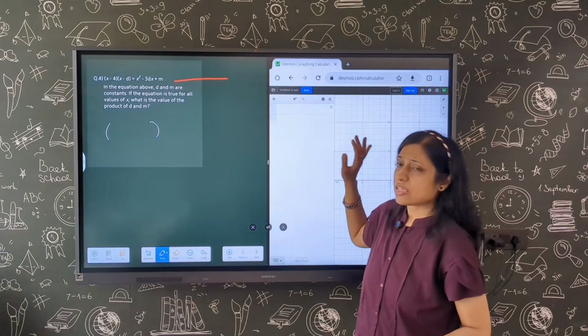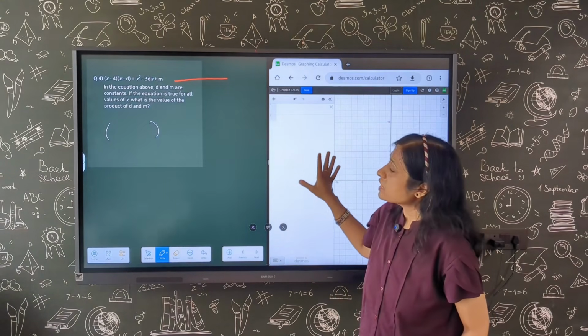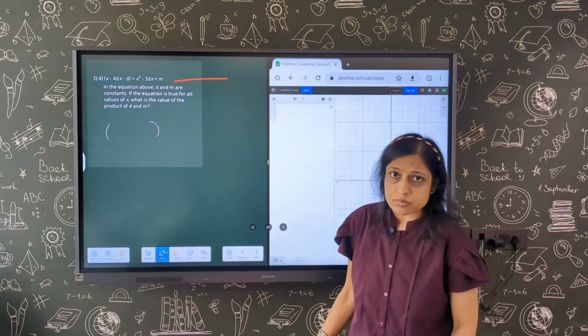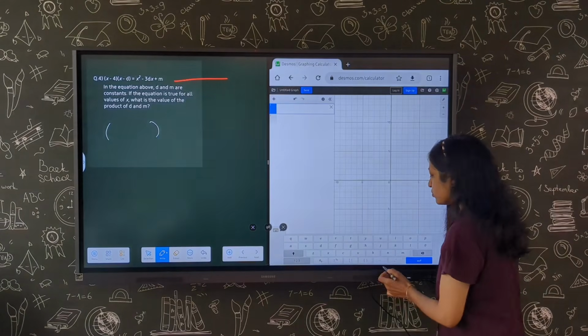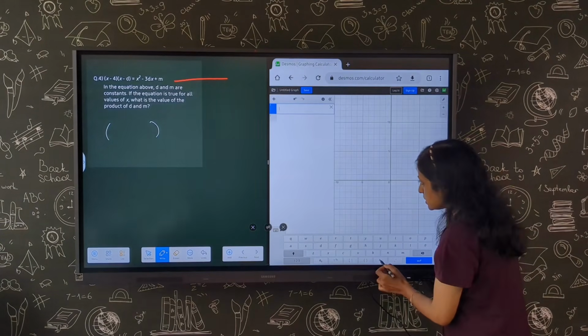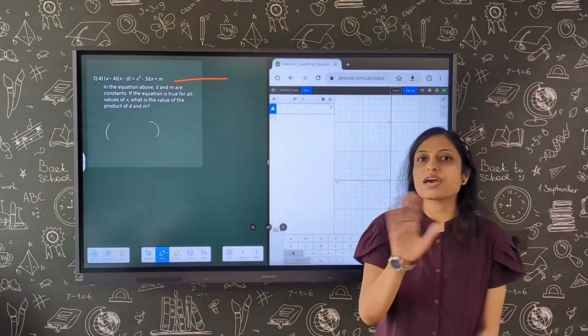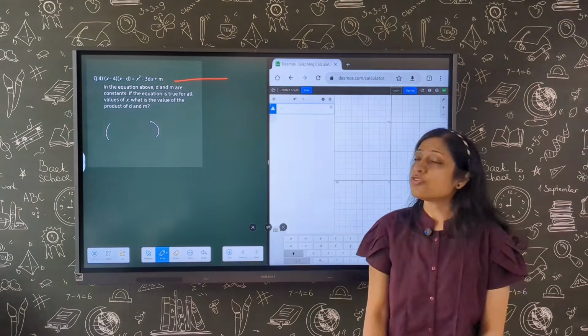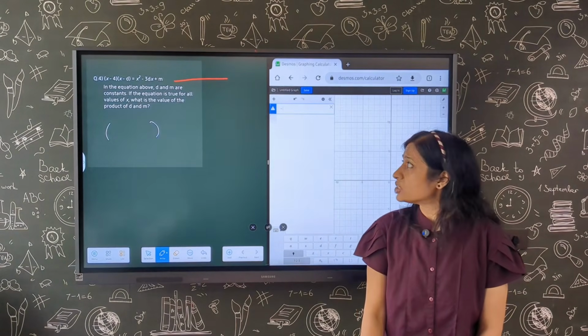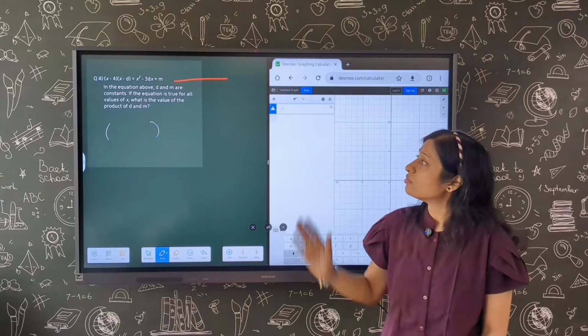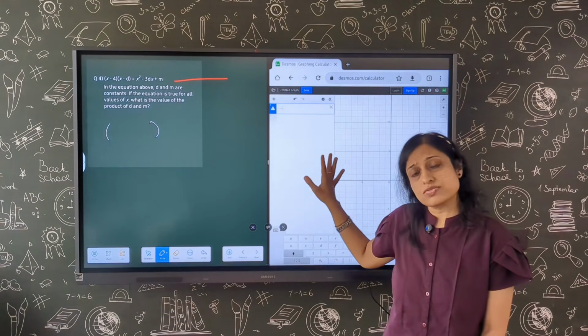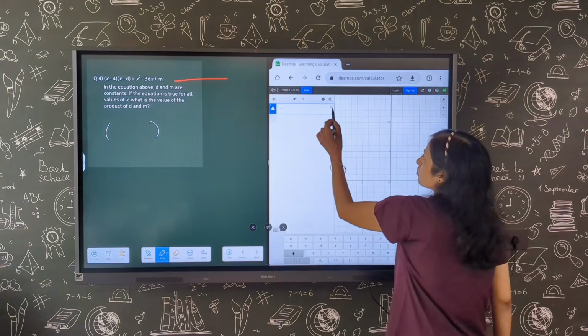But let's see, can we do something with the graphical calculator with so many missing variables? Yes, in Desmos we have one more feature, that is the tilde sign. Now this tilde sign is basically used when we have a comparison based equation. If you want to compare something in equation form and figure out the missing values, you can use this feature. Let's see how it will work.